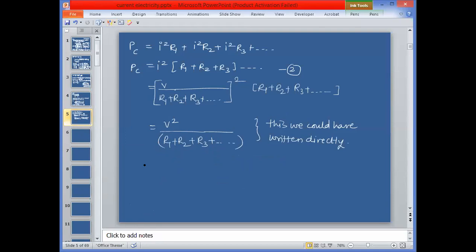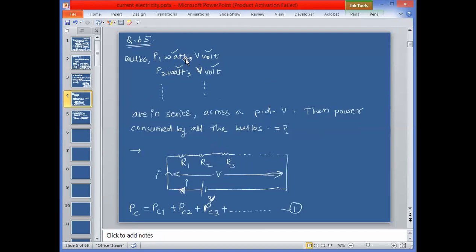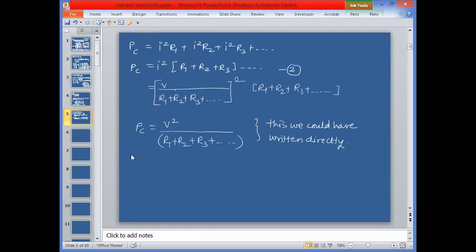Fine. Now our task is to replace these resistances R1, R2, R3. Now I have already told you why the ratings are given. Ratings are given to find out the resistance of the bulb. Okay.